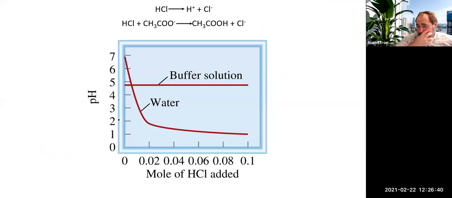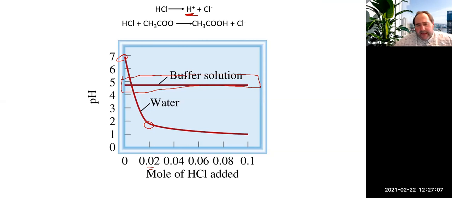So here's a picture that illustrates that. In a non-buffer solution, when we add some hydrochloric acid like we see here, because of that increase in the amount of H+, we could see that the pH goes from 7, for example, all the way down to 2-ish, 1 and change, by adding just a little bit of hydrochloric acid, as opposed to in a buffer situation.